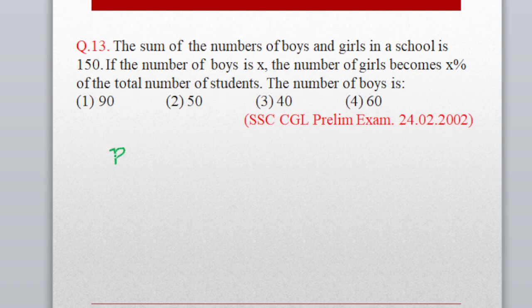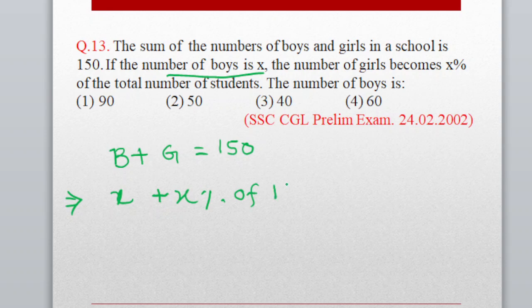Boys plus girls is equal to 150. So the number of boys is x, plus the number of girls, which is x% of the total number of students. So it is x% of 150.